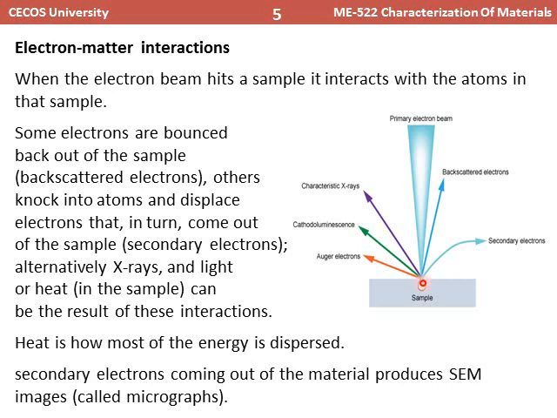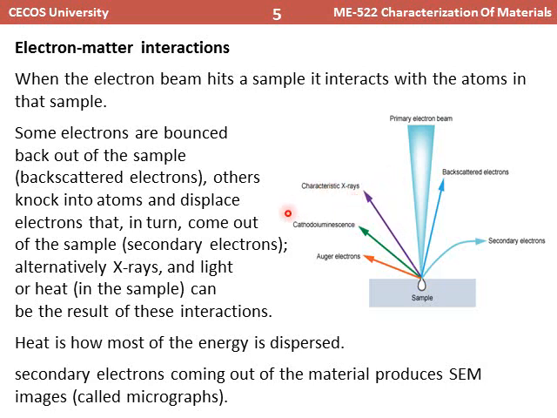If they are knocked out, then the electrons will jump between shell levels. If the electrons jump between shell levels, then they emit X-rays. So you will get the X-rays as well. By these X-rays you can do composition analysis of the surface of the specimen. So the X-rays are also very important.